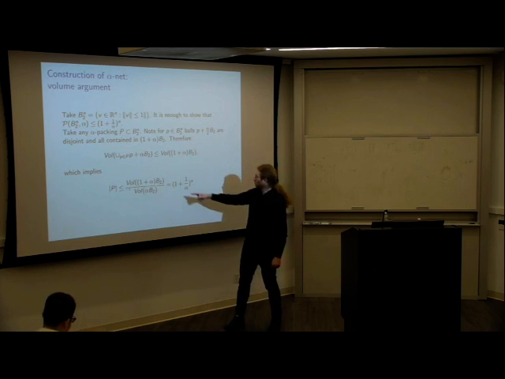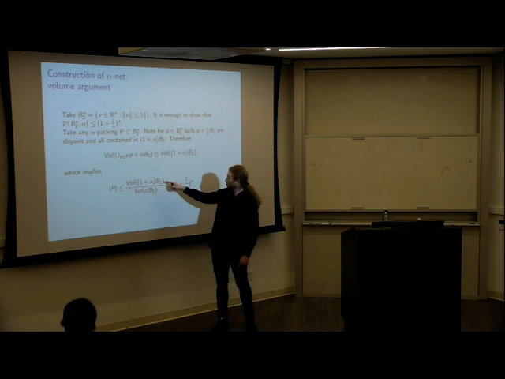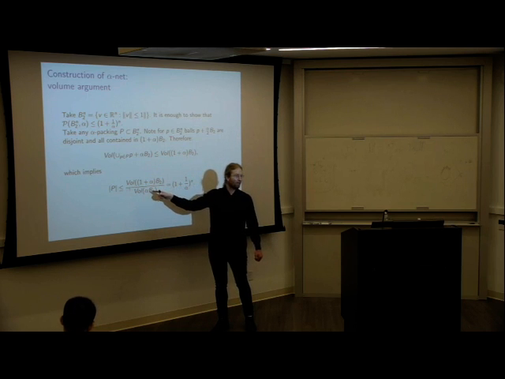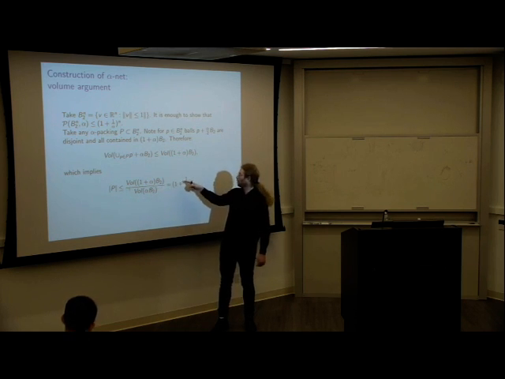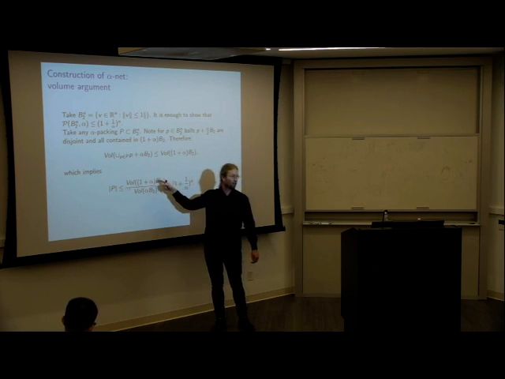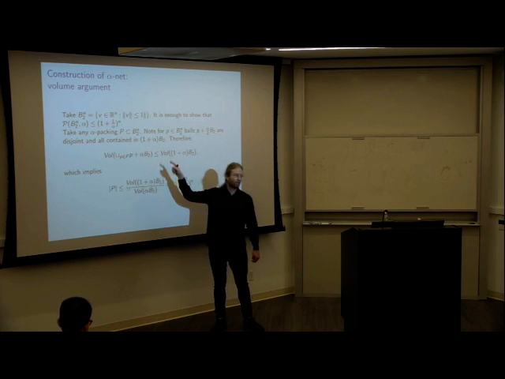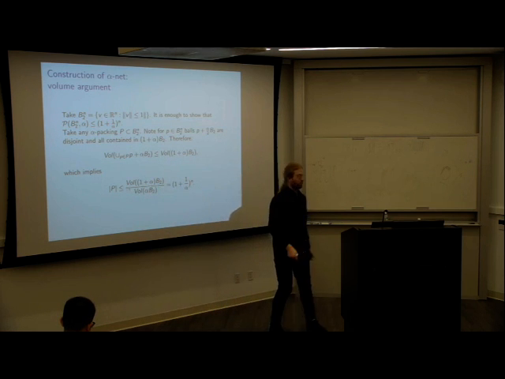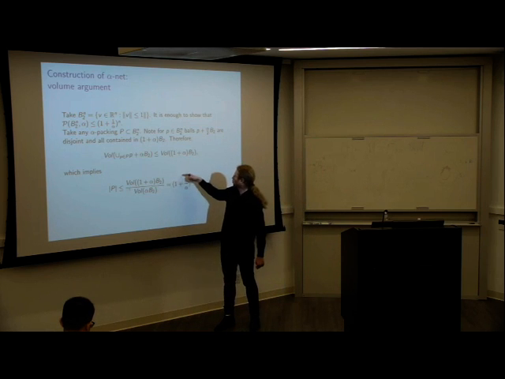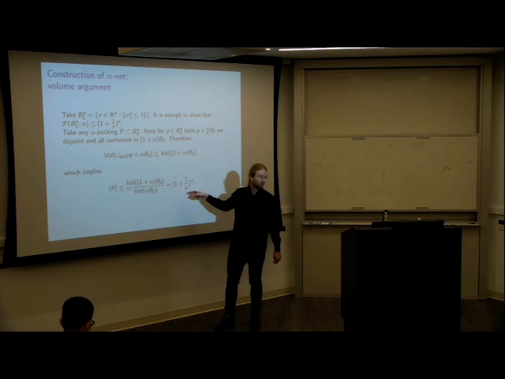So I have a ball in dimension n of radius 1 plus alpha or of radius alpha. The volume of a ball scales with the radius as radius to the n times some constant factors. So this ratio of the volumes is just (1 plus alpha over alpha) to the n.